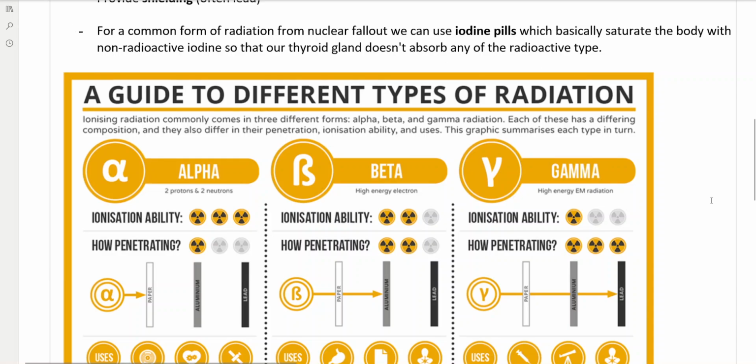So in 2012, was it? We had the nuclear meltdown in Japan, and when that reactor melted down, I remember being in high school, and they talked about whether we need to have iodine pills here in North America. We never ended up using it, or at least I never did.